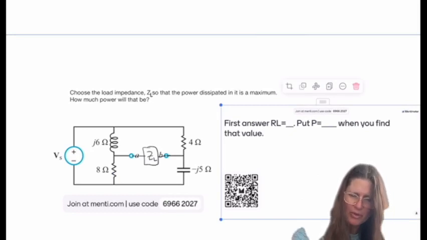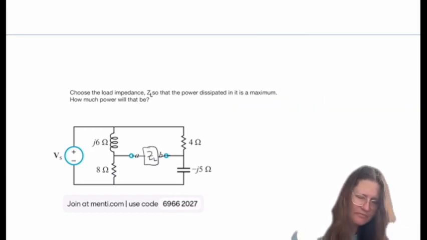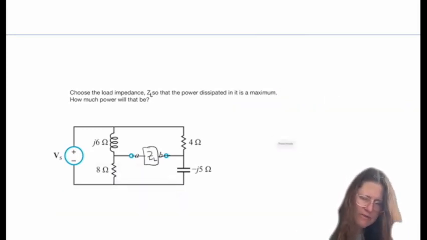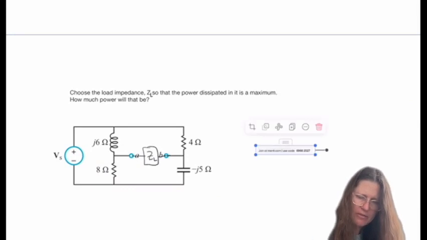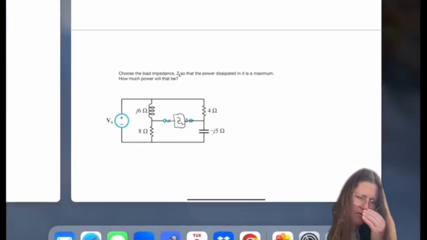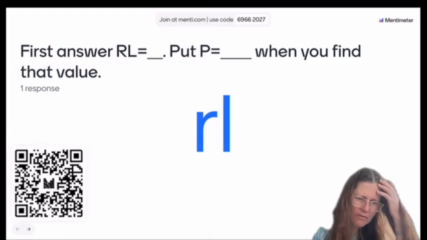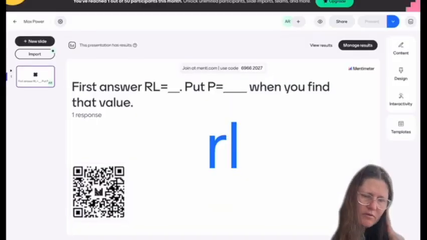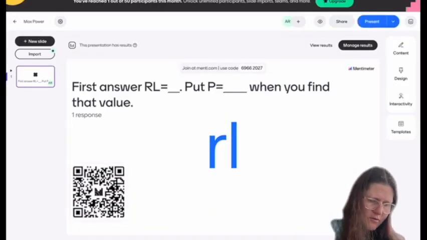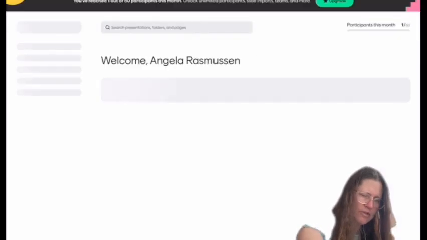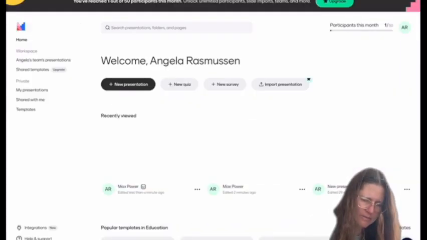So this doesn't seem to have worked in this one. Sorry. Let's see. I'm going to try this one instead.